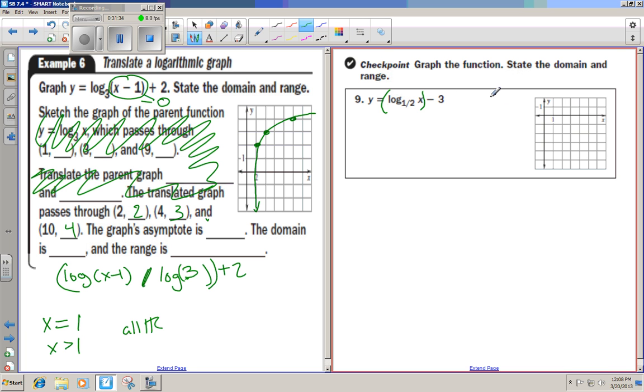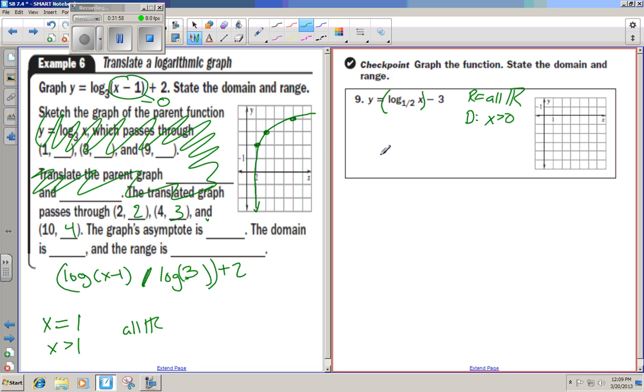So, first off, let's do the stuff we know. The range is all real numbers for this. The domain is what makes the x term greater than 0, so x is greater than 0.